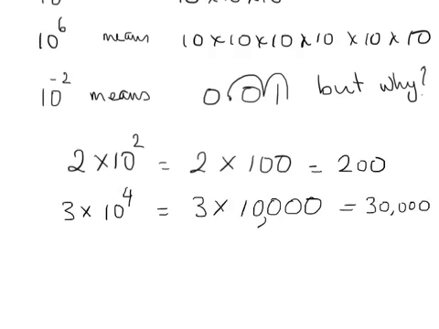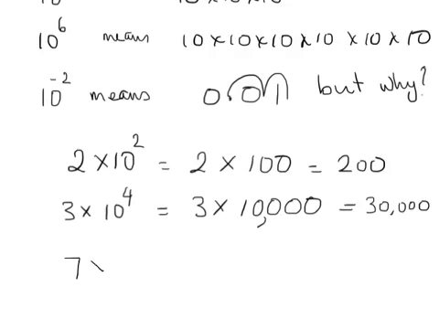But is there a better way of thinking about converting numbers from standard form to numbers like this? Well, the simplest way of doing it is just remembering that the power tells you how many times you move the decimal place. So here's an example.